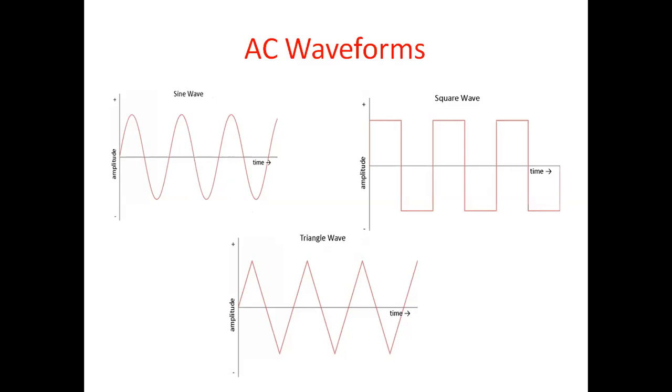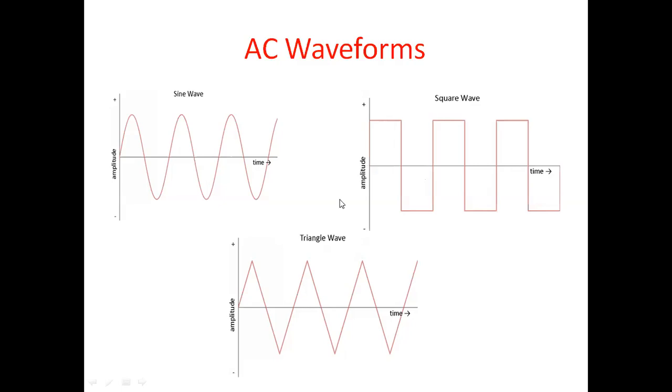Other common forms of AC waveforms are the square wave on the right side and the triangular waveform that is shown in the downside. The square waves are often used in digital and switching electronics to test their operation.